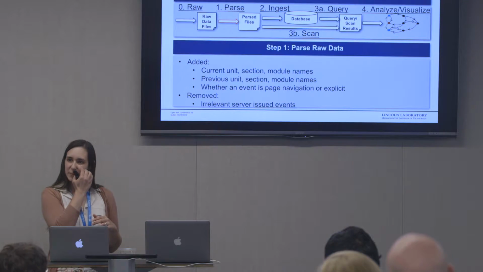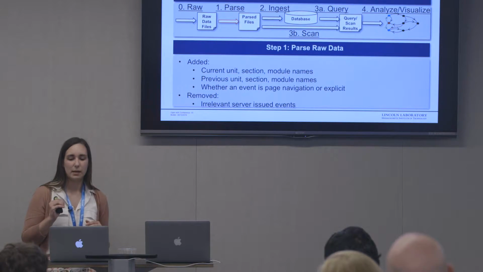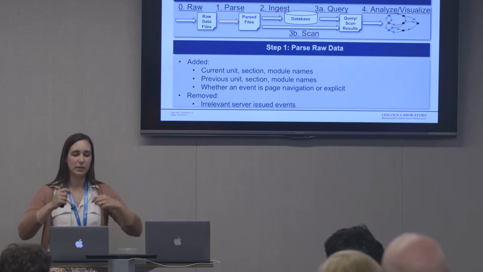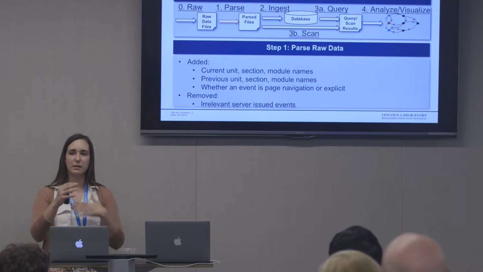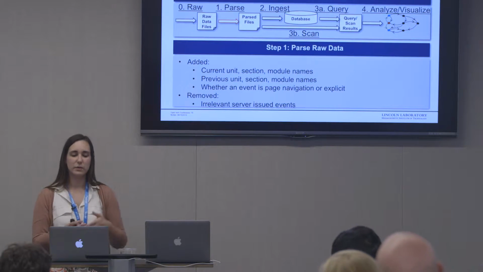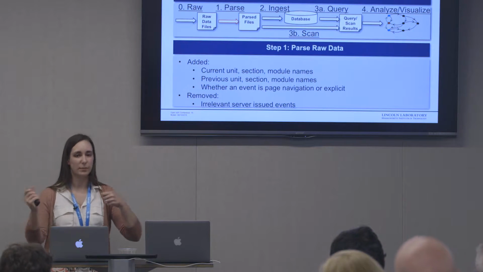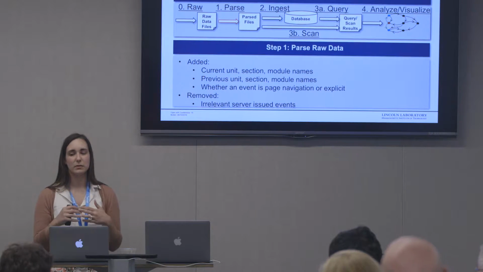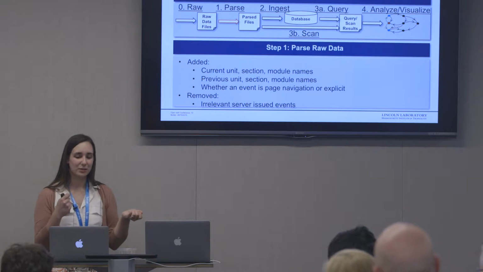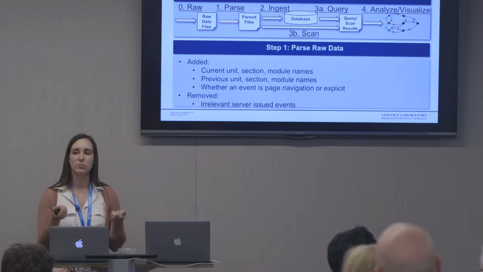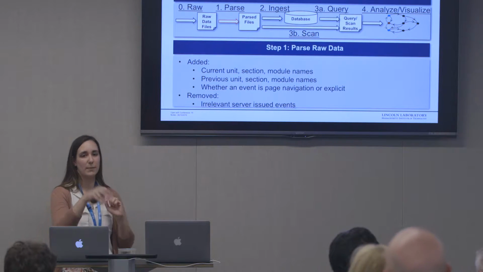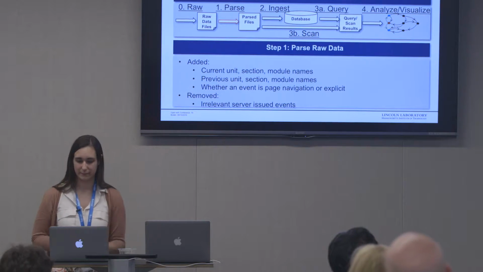I don't know how many people have looked at the tracking logs, but there are a lot of events that are just issued by the server and not very interpretable. Then there are events that are obviously page navigations, people moving from one page to another, and events that are specifically issued by the platform. The page navigation events and those explicit ones are the ones we're most interested in, so we remove these extra server-issued events.